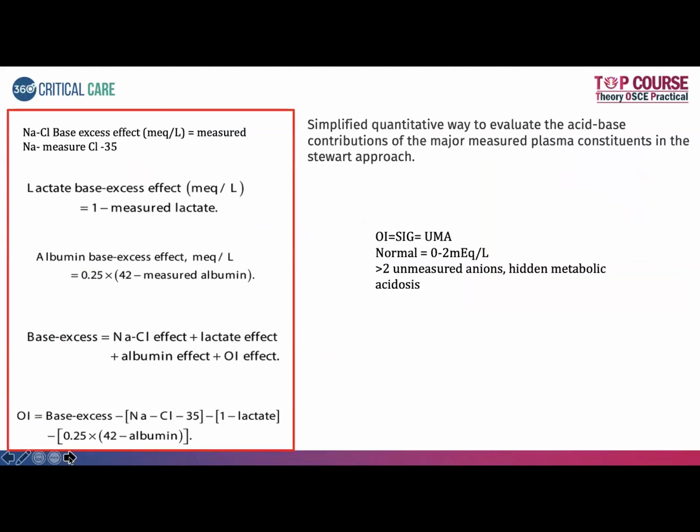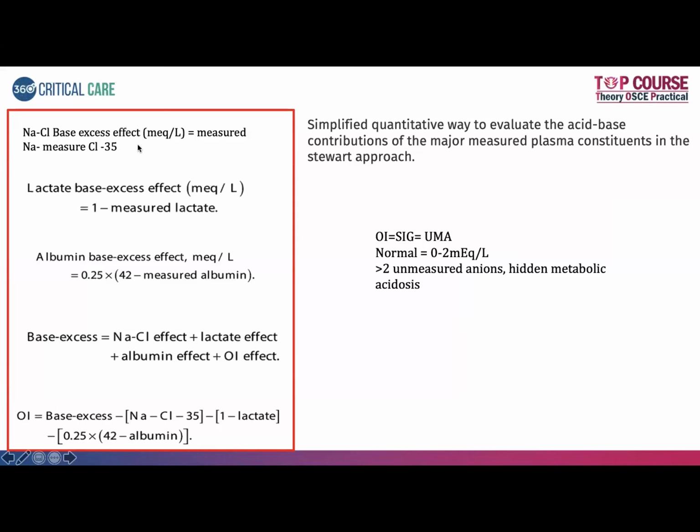So how do you calculate which variable is contributing to the strong ion difference? This is something that has been mentioned for the Stewart approach. For the variables which are more contributory, the difference between sodium and chloride is considered 35. If there is an excess or deficit, that means the sodium chloride base excess effect, showing how much effect each variable is contributing.